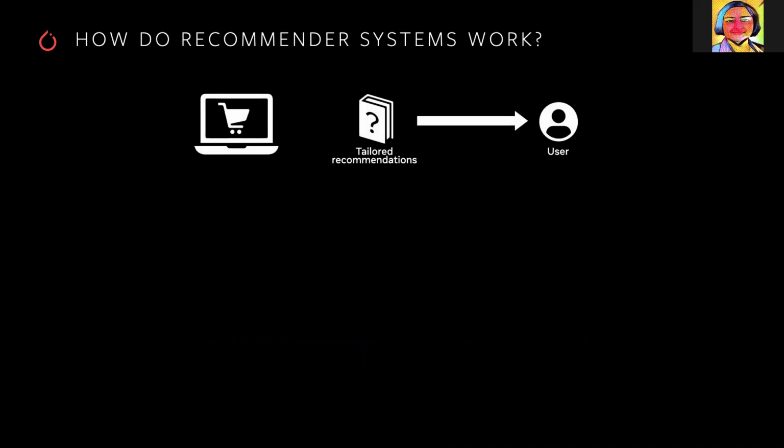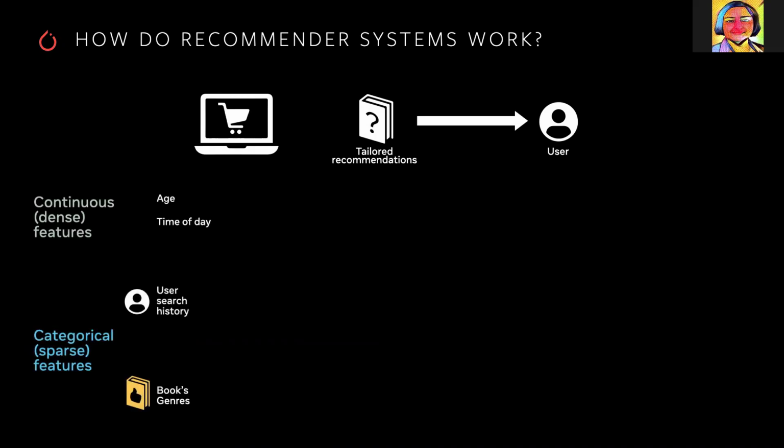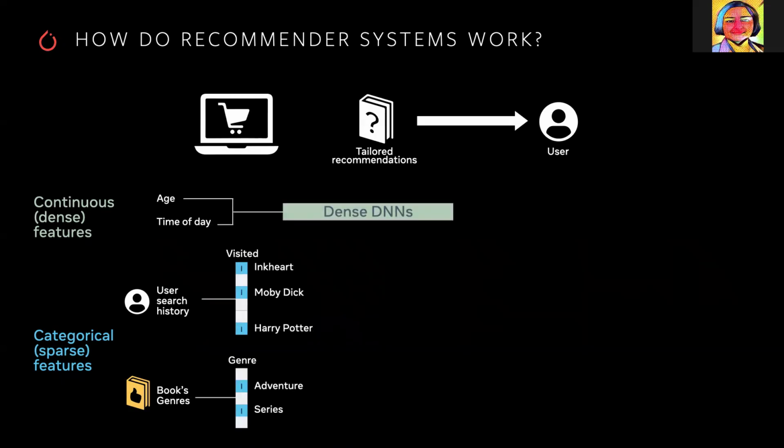Diving into how recommender systems work from an algorithmic standpoint, we see that there are a set of continuous dense features like the age and time of day, and a set of categorical sparse features like the user's search history, the pages she visited, and the book's genre. The dense features represent questions for which there is a concrete answer.